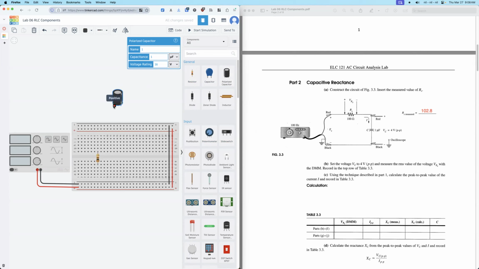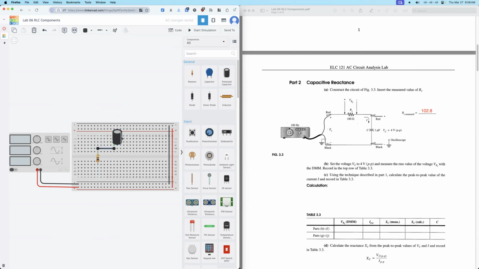This should be positive, then connect to the resistor. Let me go to this place, up a little bit. So I need to connect this, right?